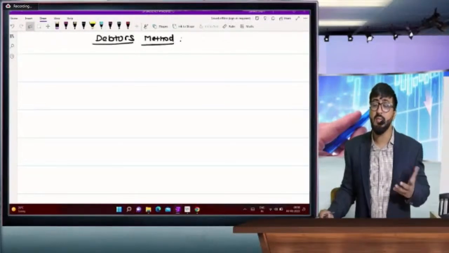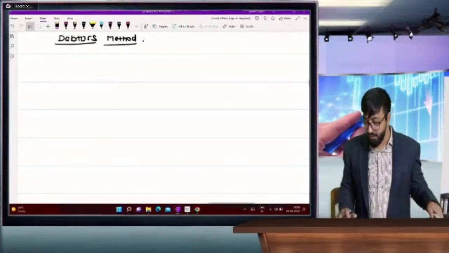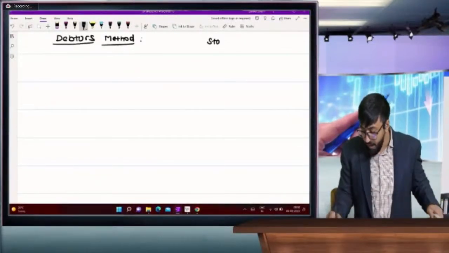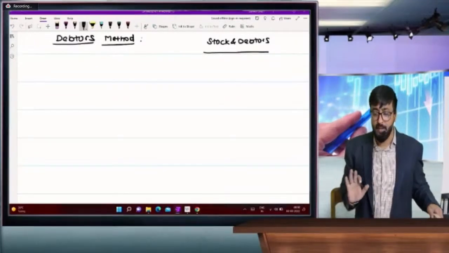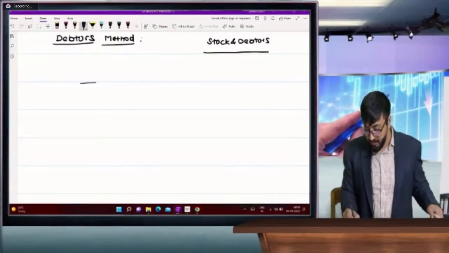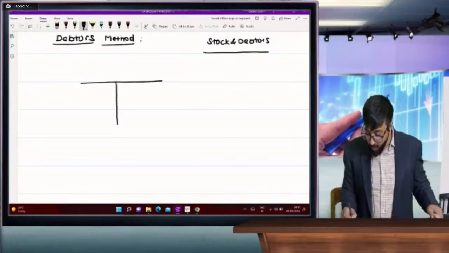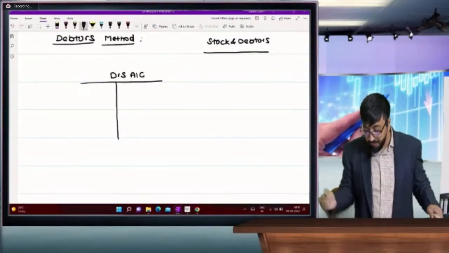See, debtors method and stock and debtors method are giving you the same answer. Don't write stock and debtors method now. I just want to explain the difference. What is the difference between the two methods? Suppose this is a debtors account.